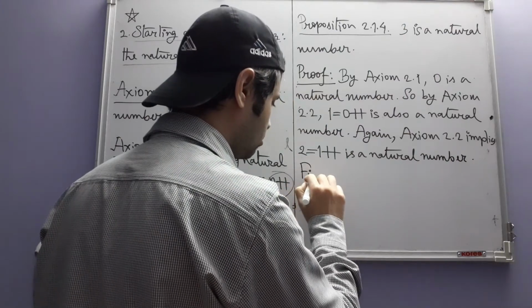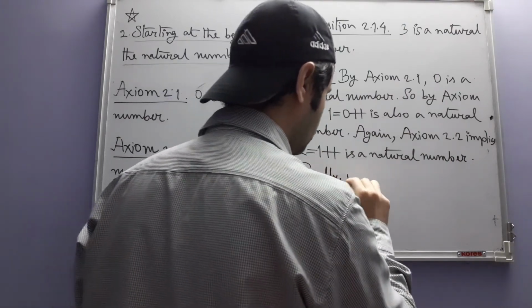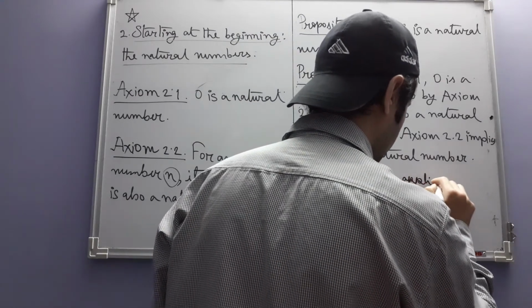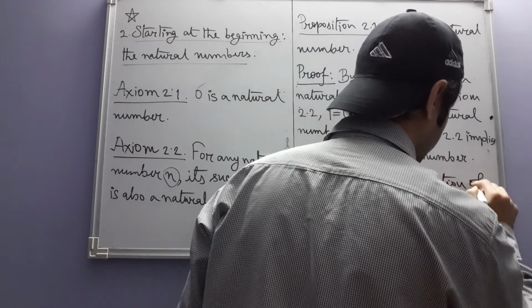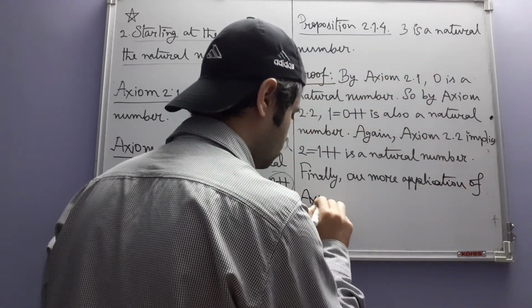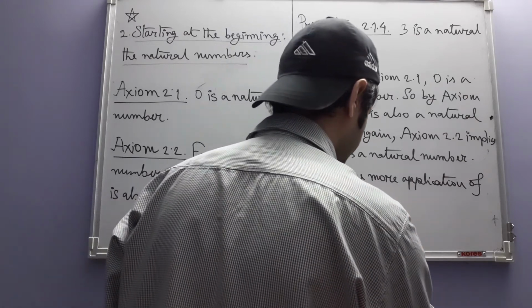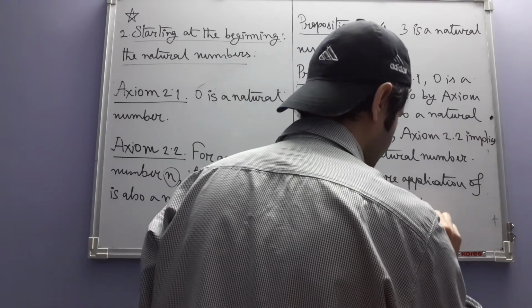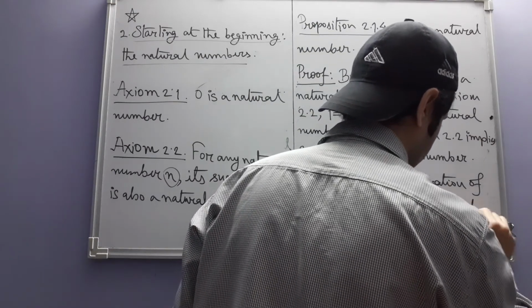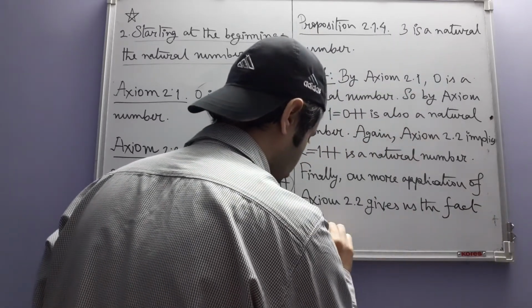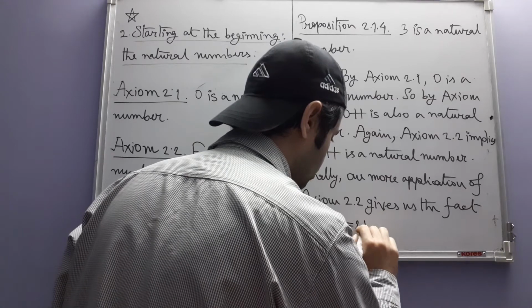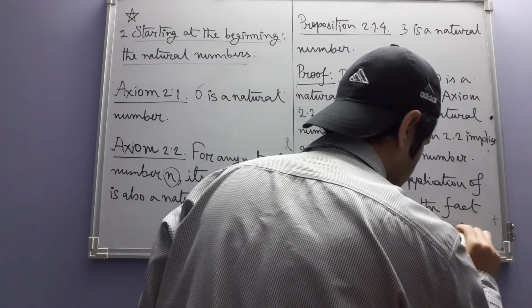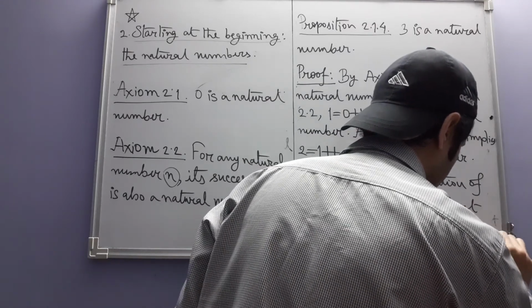Finally, one more application of Axiom 2.2 gives us the fact that 3, which is the successor of 2, is a natural number.